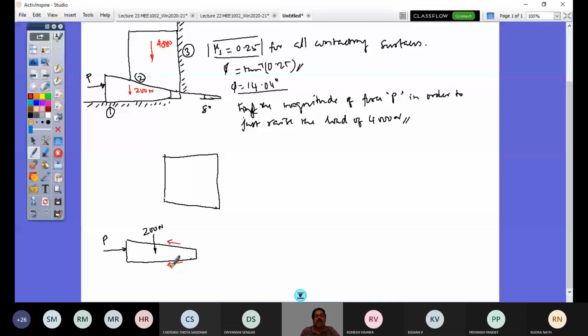So this is my normal N. Since it is contacting surface 2, N2, and this is mu s times N2, where mu s is 0.25, so 0.25 N2. And here it is N1, so 0.25 N1, and my normal N1.